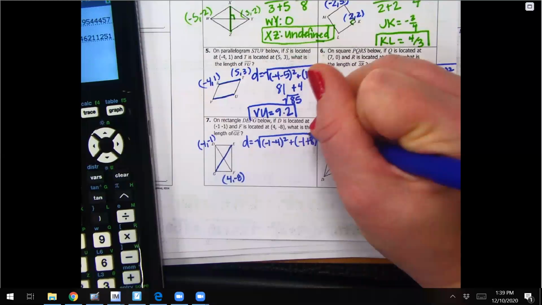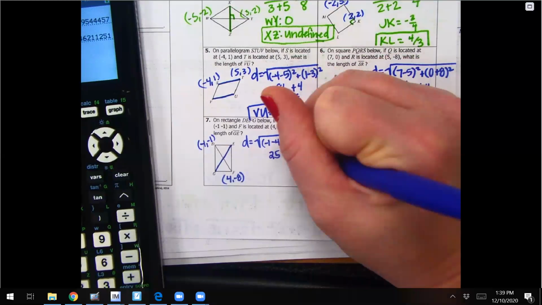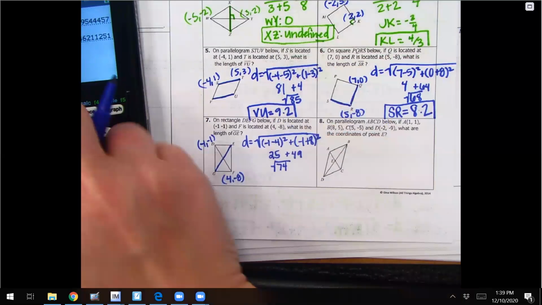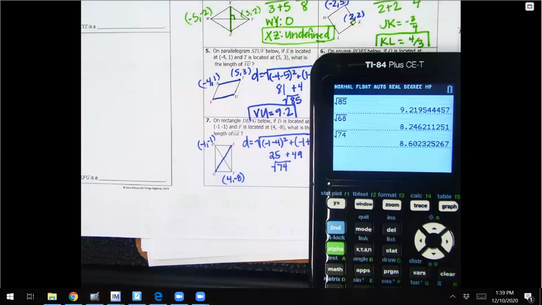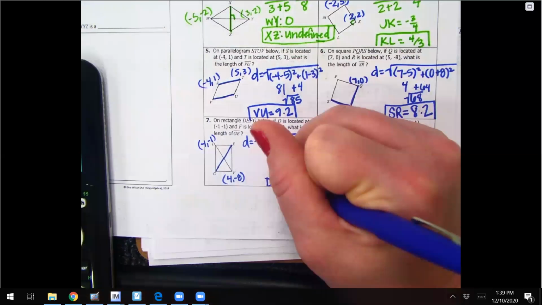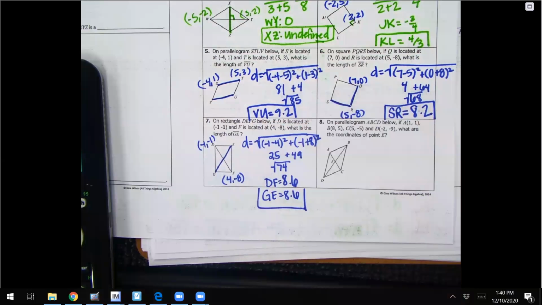We need the square root of 74. That gives us 8.6. Now that is DF. What's the relationship again? They're congruent. These are all four edges, vertices.